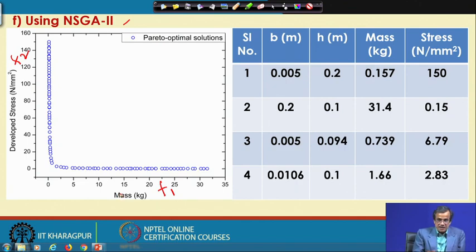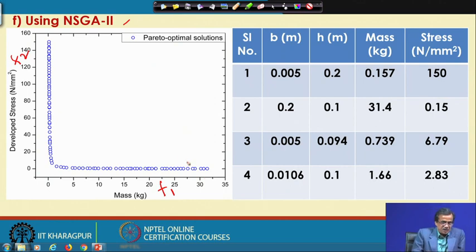That means these two objectives conflict with each other, and if I use NSGA-2 through a large number of iterations, gradually it will try to find this type of Pareto optimal front of solutions.